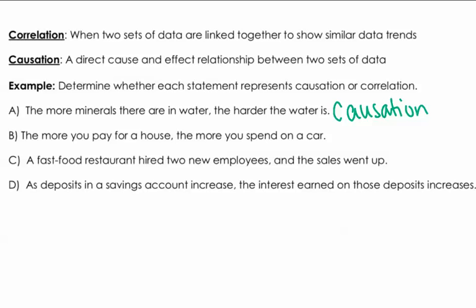You've got to really think about that. Is having a more expensive house causing you to have a more expensive car, or does it just so happen to be true that people with more expensive houses tend to drive more expensive cars? That's going to be the latter of the two. That's just going to be a correlation in the data.